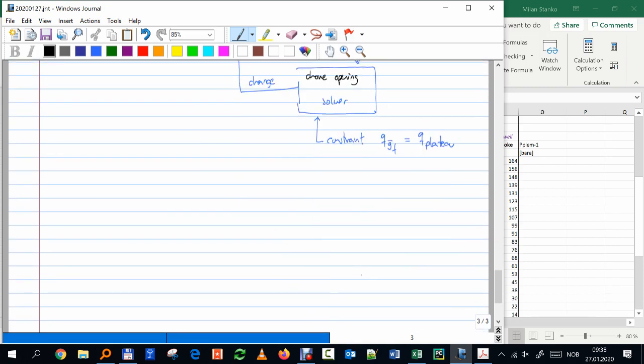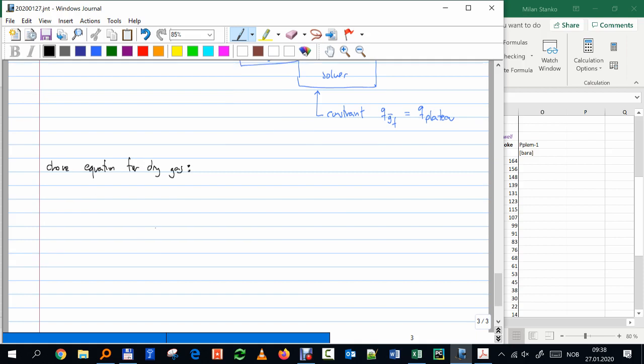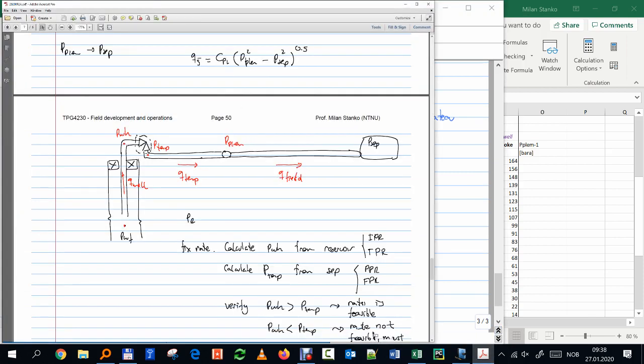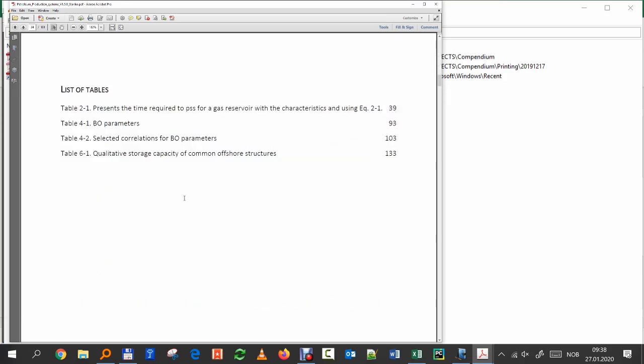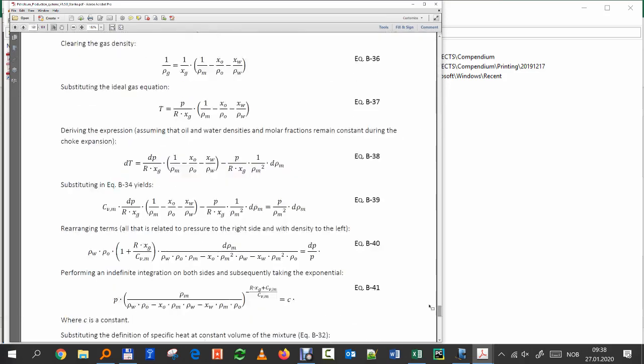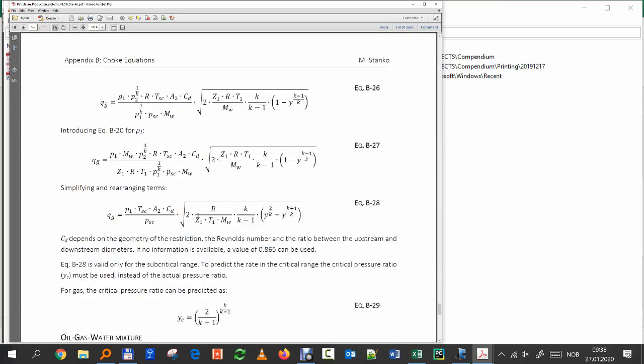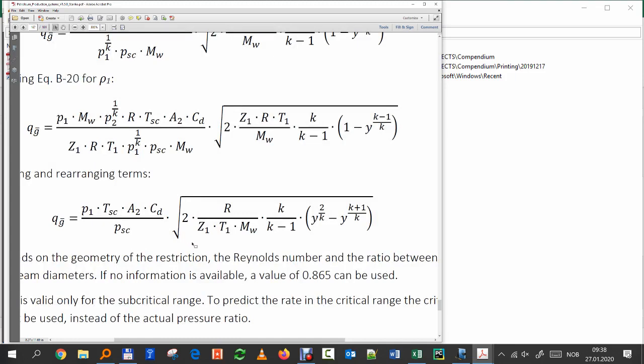Okay, let me show you what the choke equation, for example, looks like. I have it in the compendium, which I closed. Okay, it looks something like that.